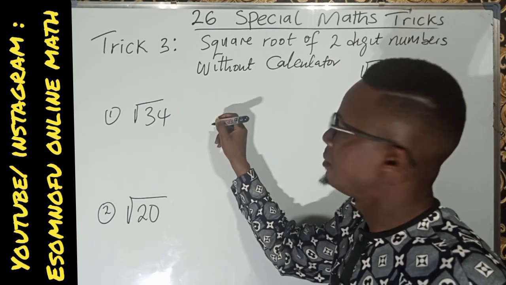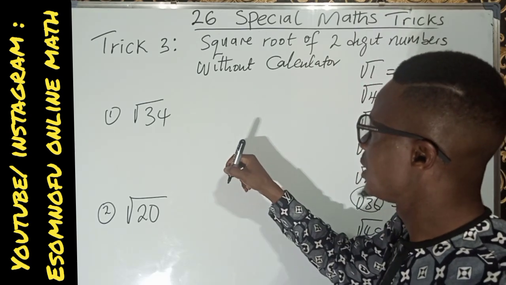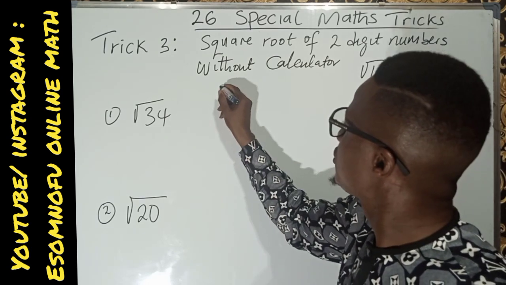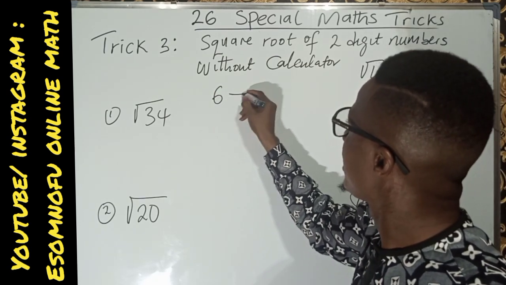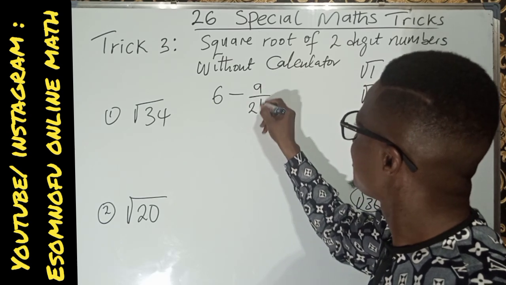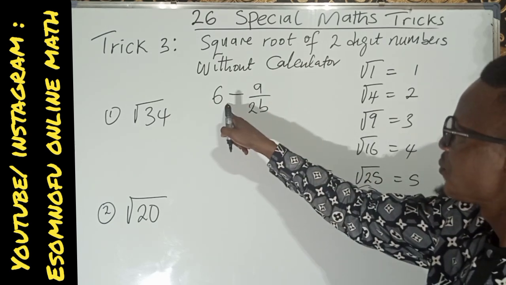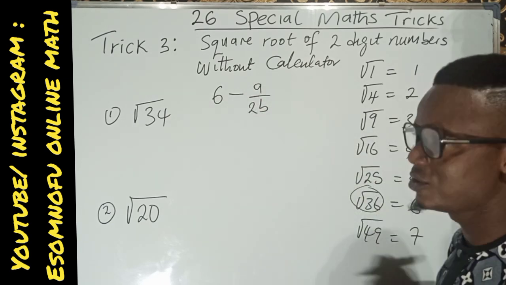Therefore, I'll use the formula. Since 36 is closest, you know that the square root of 36 is 6. So just use 6 minus a over 2b. That's the formula.